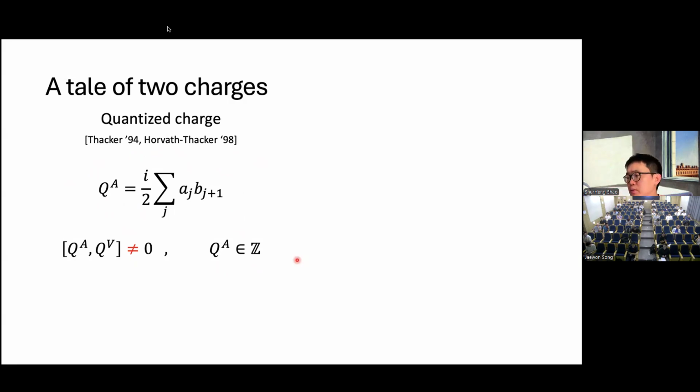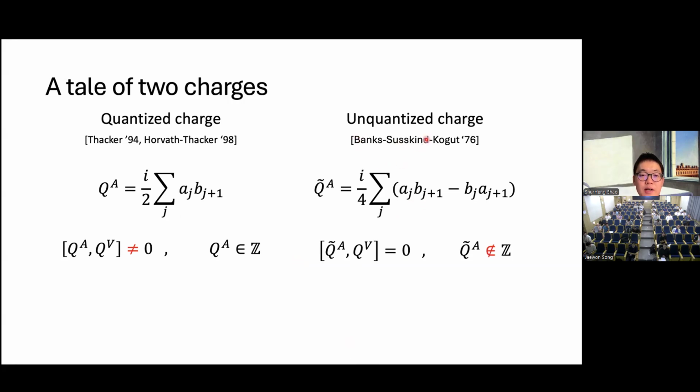Now, you might be wondering, maybe we're just stupid for not finding another axial charge that has an integer eigenvalue and also commutes with the vector charge. In fact, in this model, there is another conserved quantity, which I call Q tilde A. This was first discussed by Banks, Kogut, and Susskind.